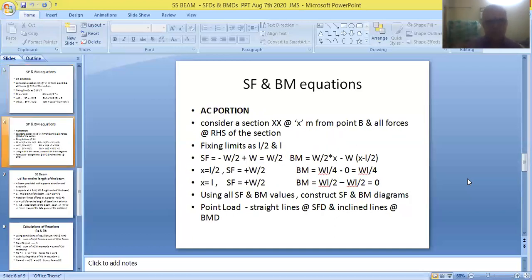Now friends, coming to the AC portion, again we are considering section XX at a distance of X meter from point B, and we are considering all the forces acting on the right hand side of the section.